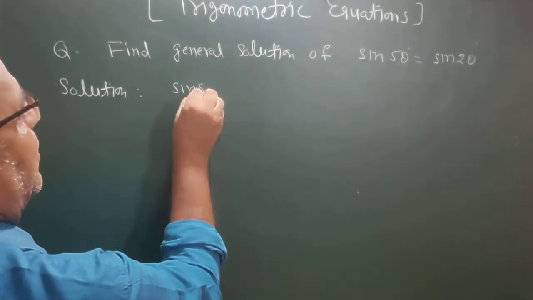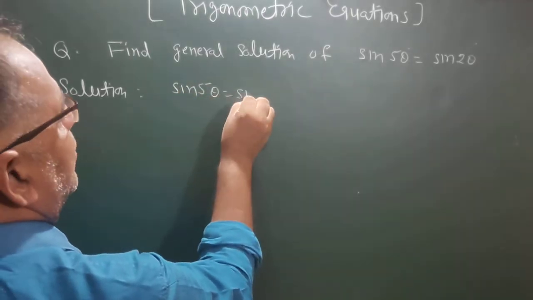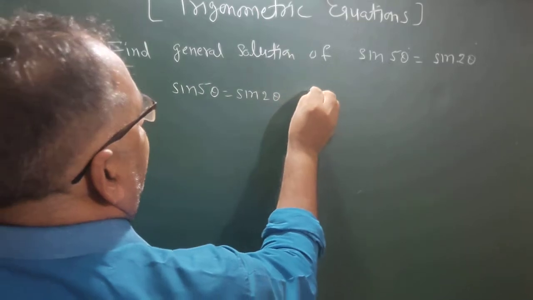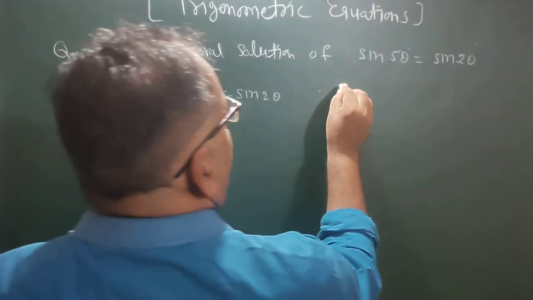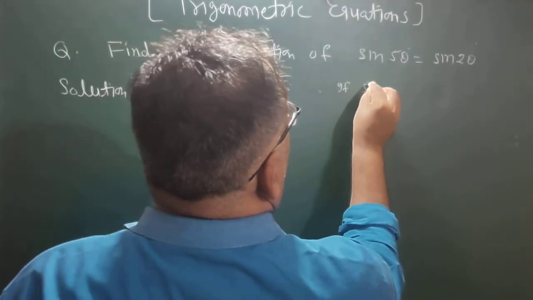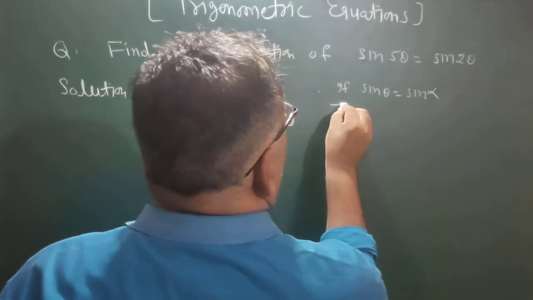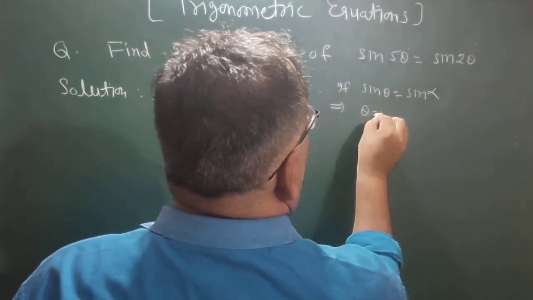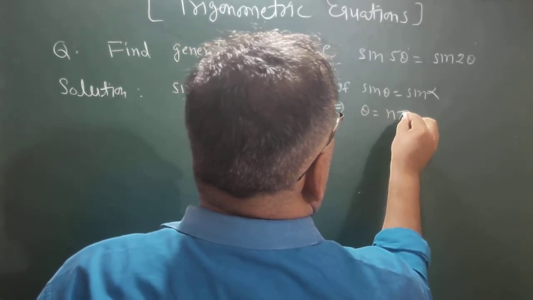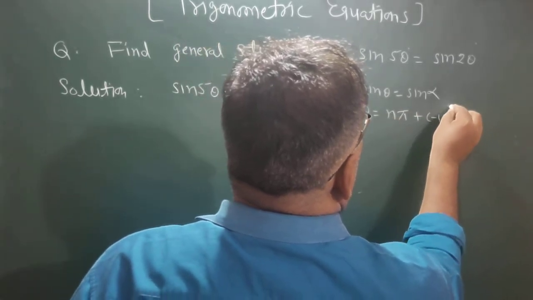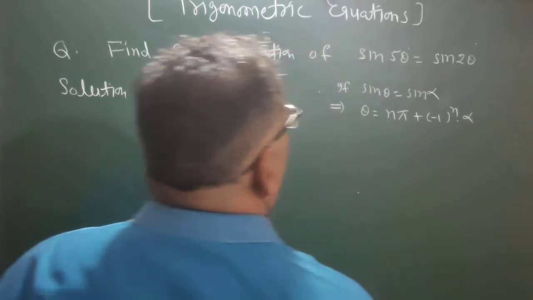Sin 5 theta equal to sin 2 theta. We have the solution: if sin theta equal to sin alpha, then the general solution is given by theta equal to n pi plus minus 1 to the power n into alpha.